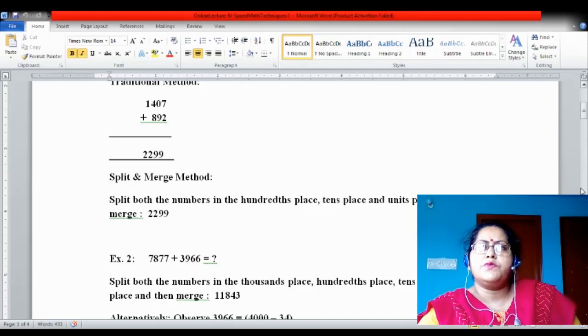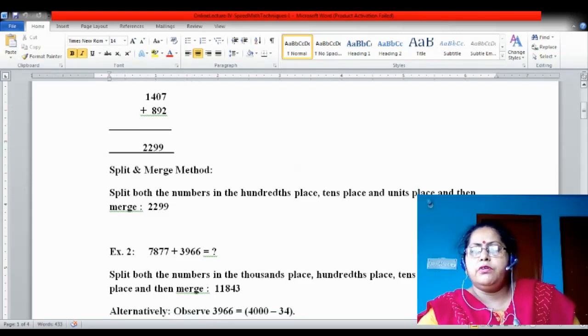Actually, if we can split it in a different way and just approximate it to the closest tens or hundreds or thousands, we may get the answer quickly in some of the problems. So see that 3966, the closest thousand is 4000, so it's 4000 minus 34, right?